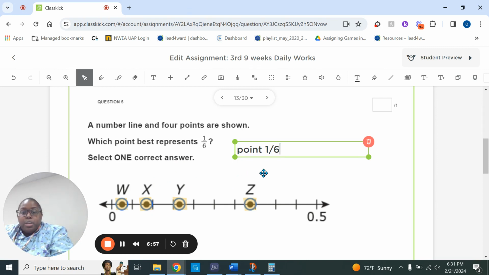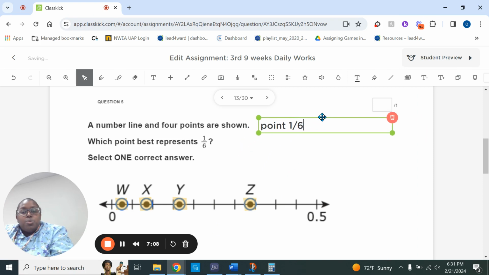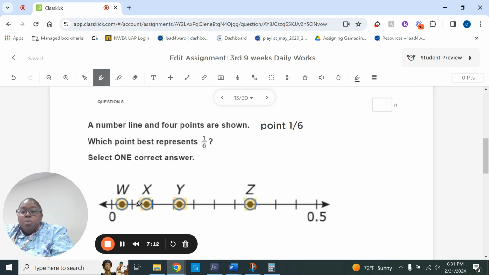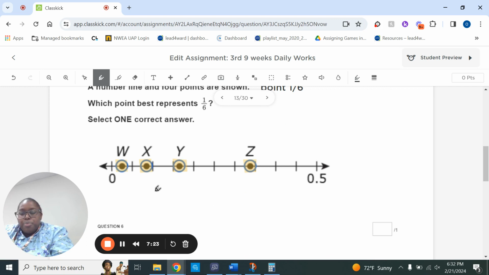Now, to find 16, what to do? Well, first thing you should do is what I told you to do. When you are given a number line and you have a bunch of spaces with tick marks but no numbers, then you need to figure out what those numbers are worth.